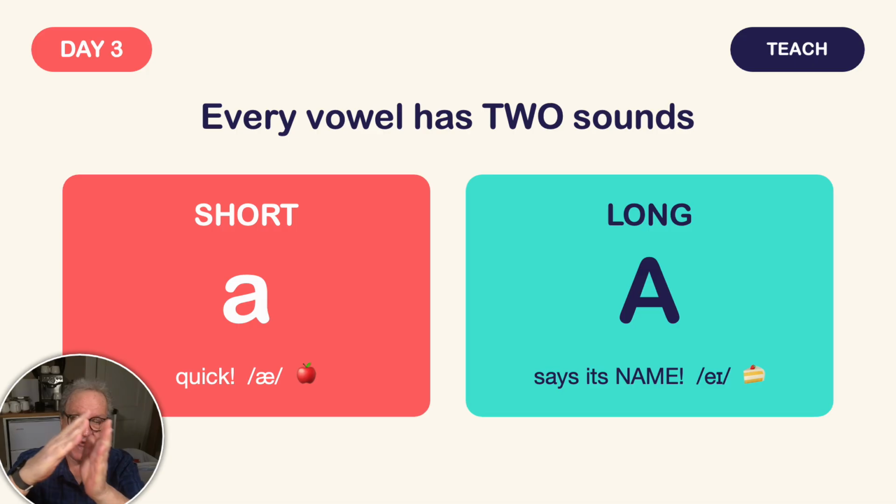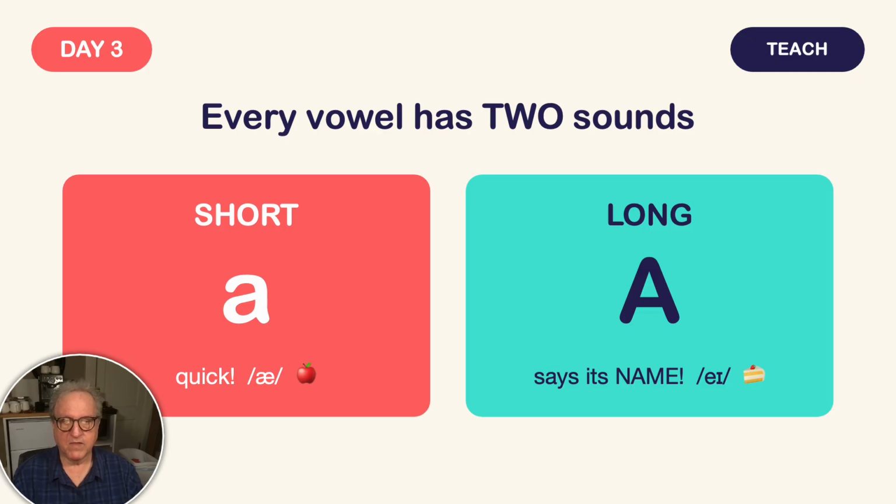A, right? So short is just quick, but long is A. It can be as long as you want. It can be forever. They call it short and long vowel sounds. And every vowel has both short and long vowel sounds.